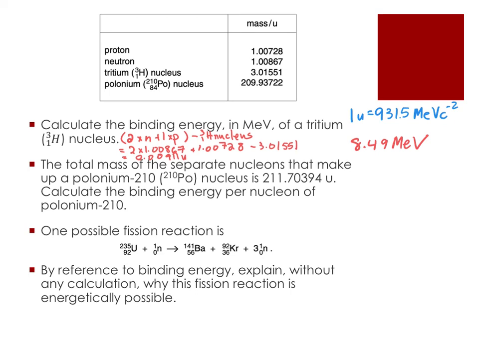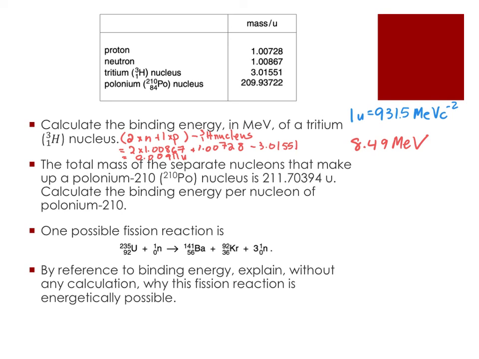Now, in the next part, the total mass of the separate nucleons that make up a polonium-210 nucleus is given as 211.70394. Calculate the binding energy per nucleon of polonium. You're going to use the exact same process.